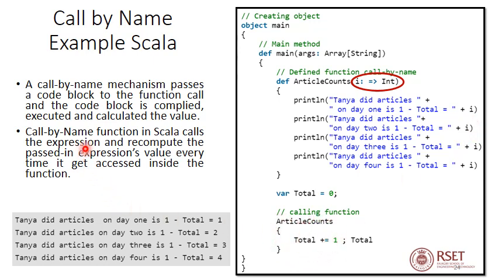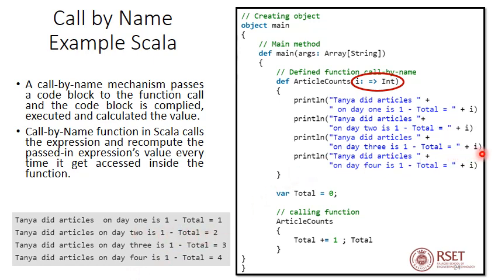You can see it recomputes the passed in expression's value every time it gets accessed inside the function. So now it gets recomputed, and total becomes 1 plus 1, which is 2. This statement will print Tanya did articles on day 2 is 1, total is equal to 2.